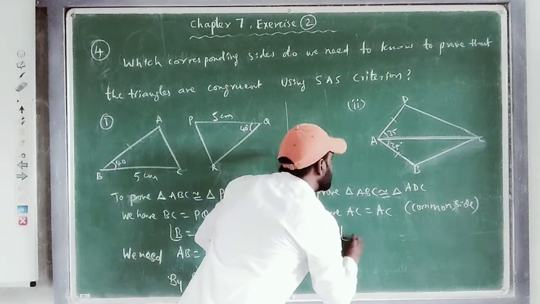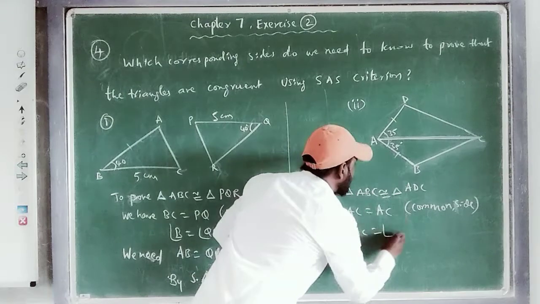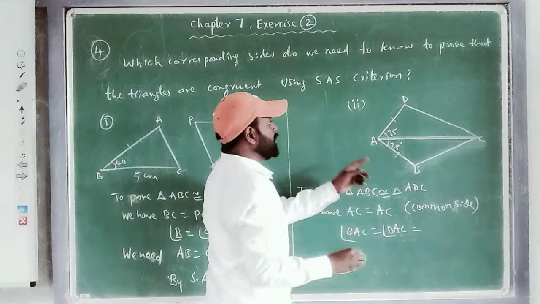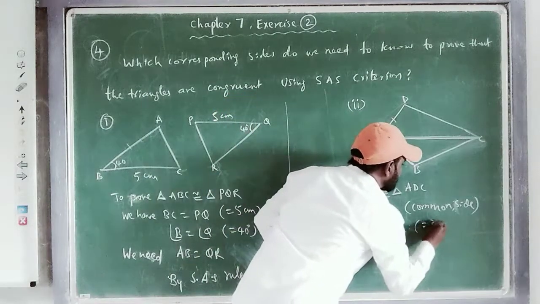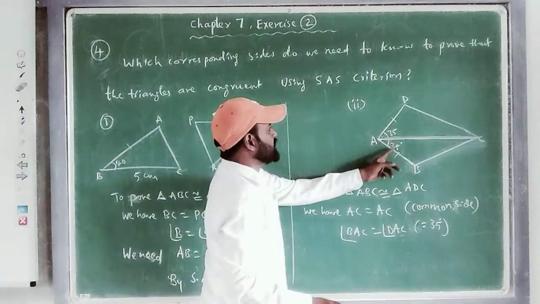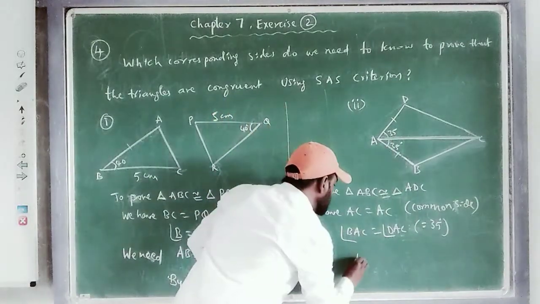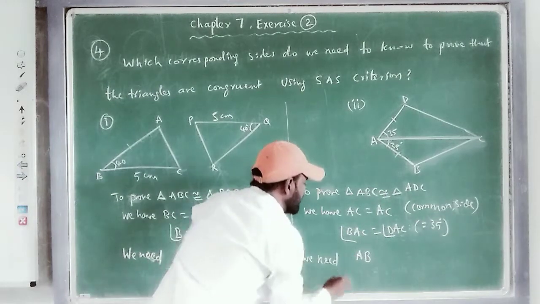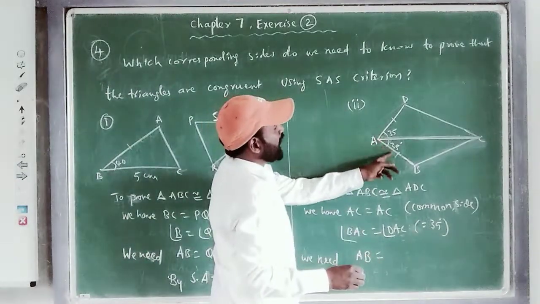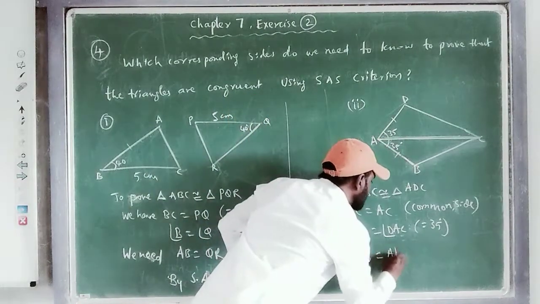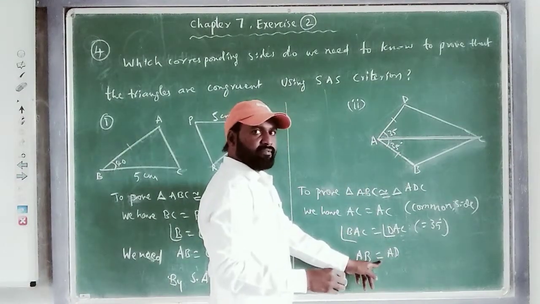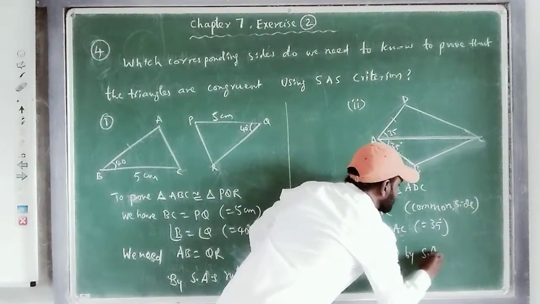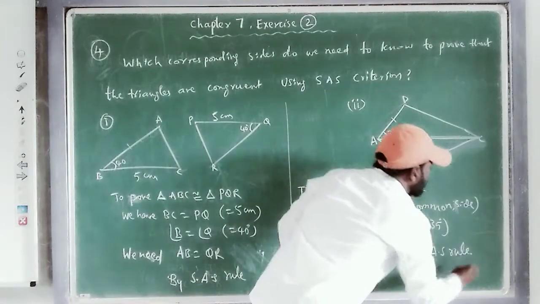So angle BAC and angle DAC, both are the same. How much is it? 35 degrees, it is given already. So this angle is made by AC and this AB. So we need AB equal to what? AD. AB is equal to AD. We need that. If so, then we can say these two triangles are congruent by SAS rule. Hope you all understood.